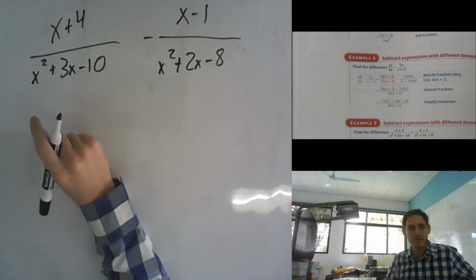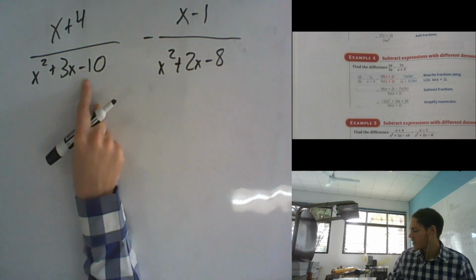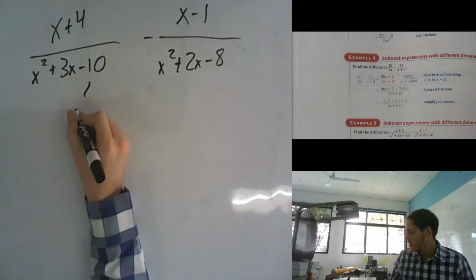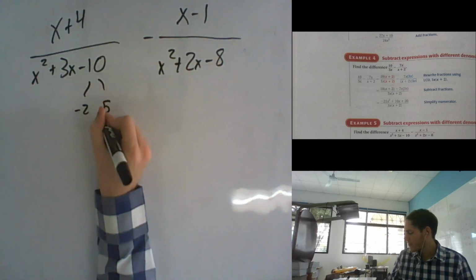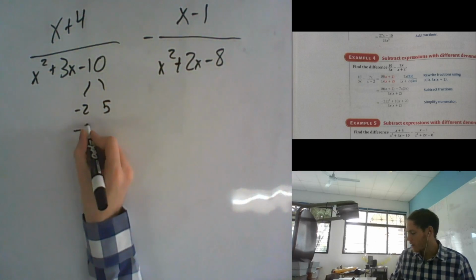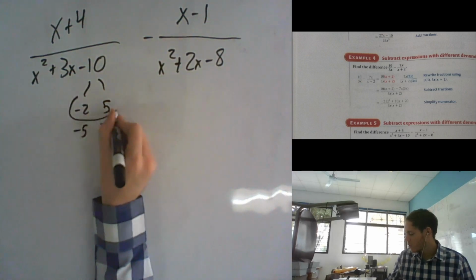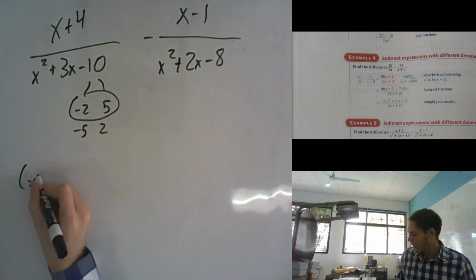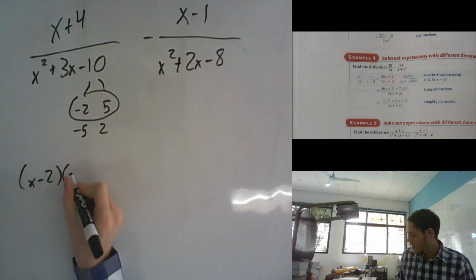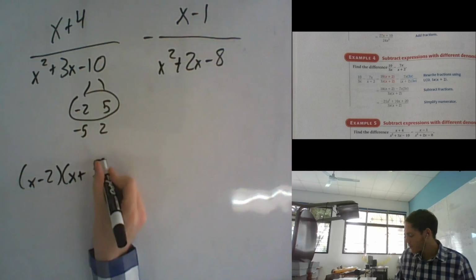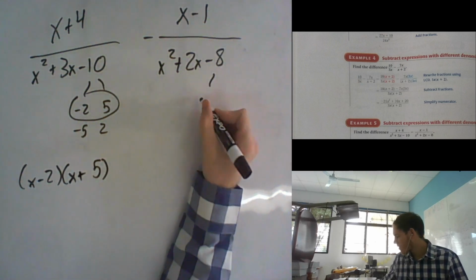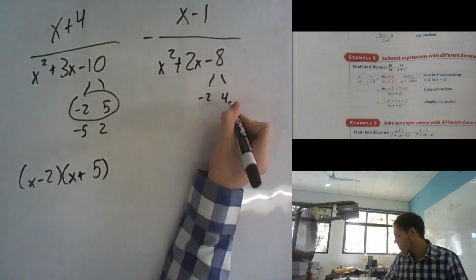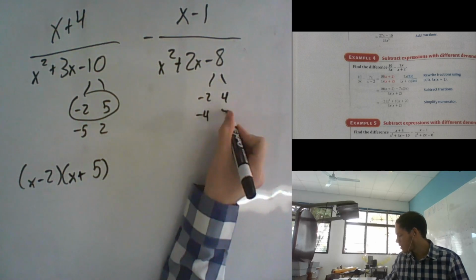Okay, factoring this, we can get negative 2 and 5, and that works. Negative 5 and 2, so this works. So we get x minus 2, x plus 5. This factors, you get negative 2 and 4, or negative 4 and 2.